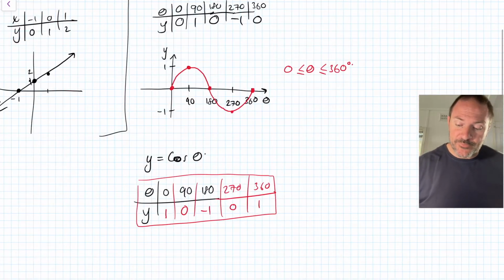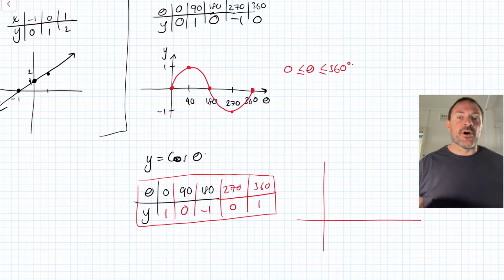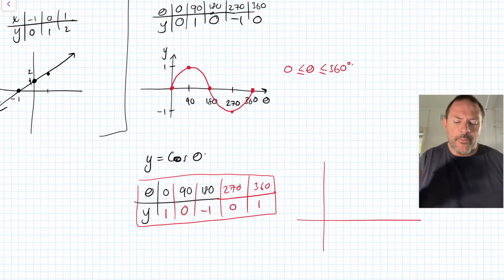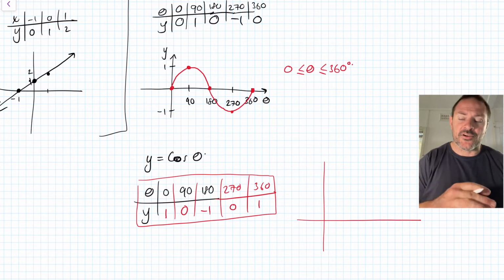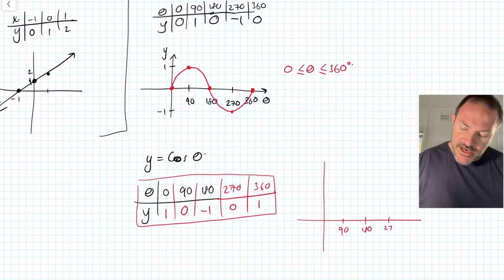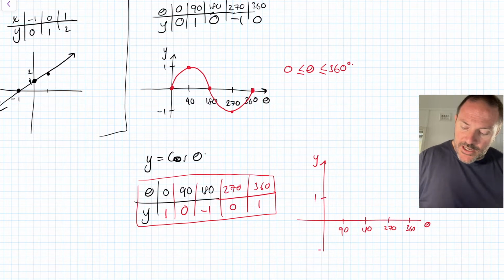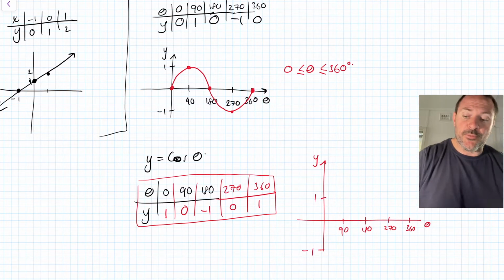Now, I'm going to plot them, just like I did with that previous graph. Noticing my theta values, I'm only using positive, so I don't really care about the other quadrants. So I'm going to go 90, 180, 270, and then 360. I'm going to put theta there, I'm going to put y here. My biggest value is 1, bottom value is -1. I'm going to plot my points.